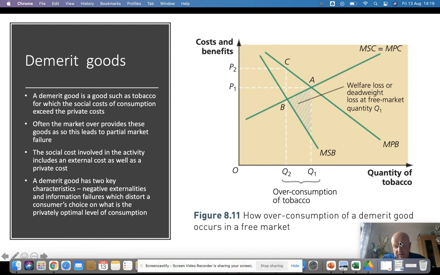So where the marginal social cost and marginal private cost are equal, the marginal private benefit is significantly higher than the marginal social benefit when we consider all of the issues, and clearly that is creating an issue in terms of the overconsumption of tobacco.